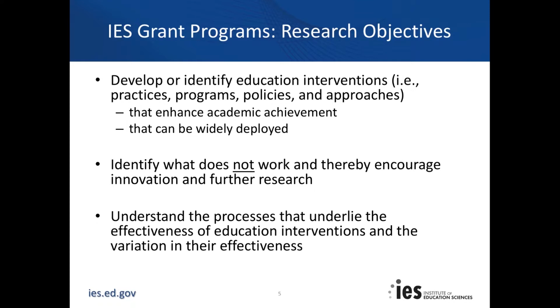What works to improve student educational outcomes so that we can disseminate it? What does not work so that we stop using it? What works for whom and where so we use it with the appropriate people in the appropriate places? And why does it work so we understand how to improve education and can build on this understanding?